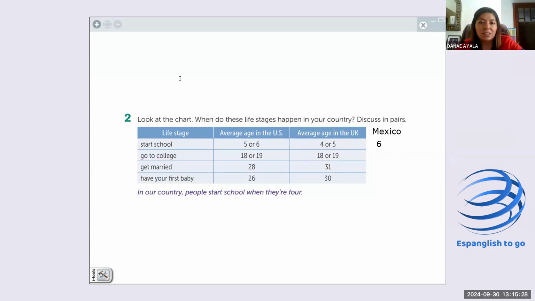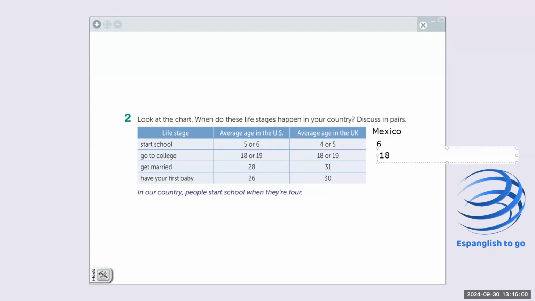Now, what is the average age in Mexico for students to go to college? College, a synonym of university. It's around 18.